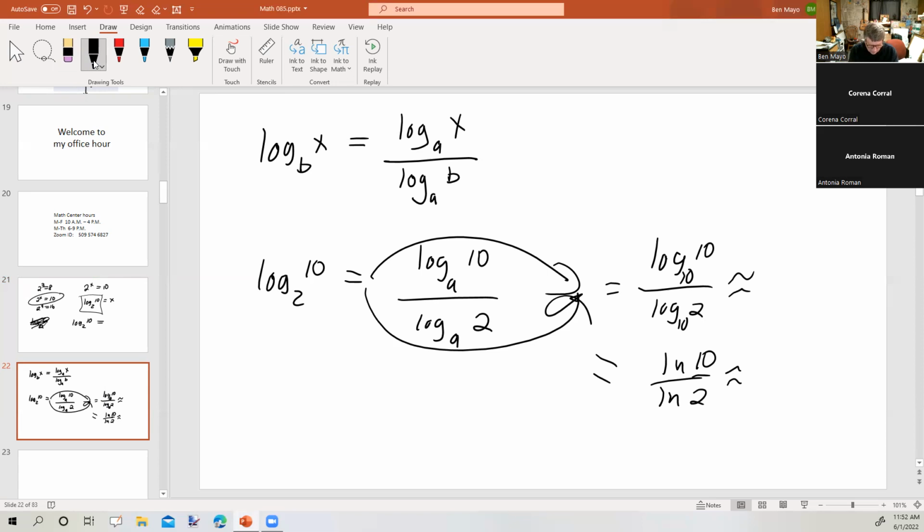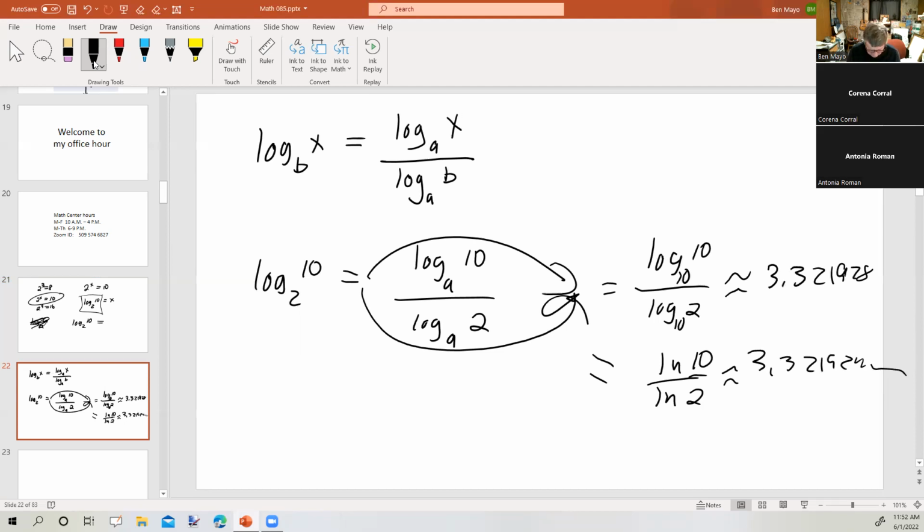If I use the top one, so log of 10 divided by log of 2, I get 3.321928, et cetera. If I go natural log of 10, close it up, divided by natural log of 2, I get 3.321928, et cetera.